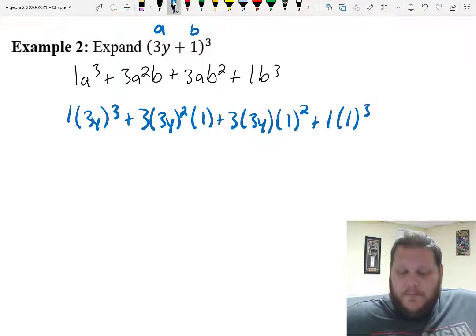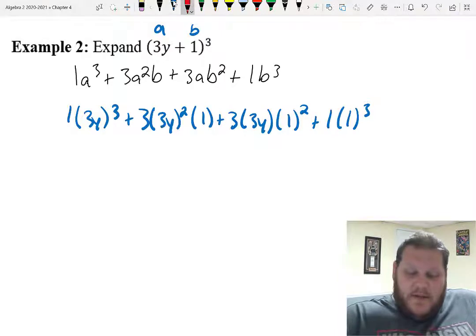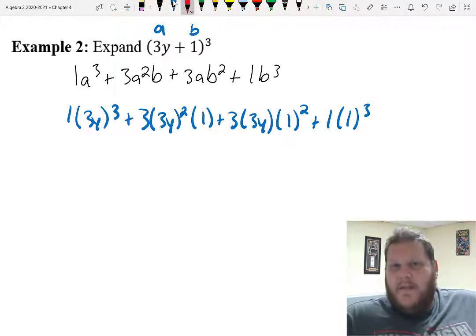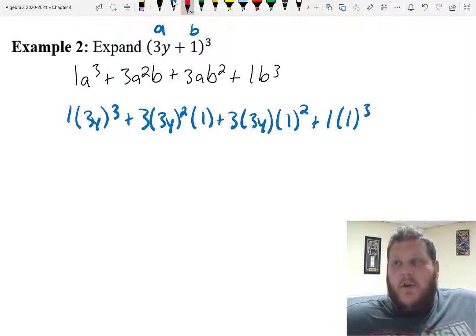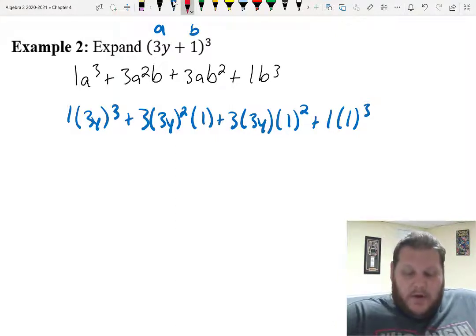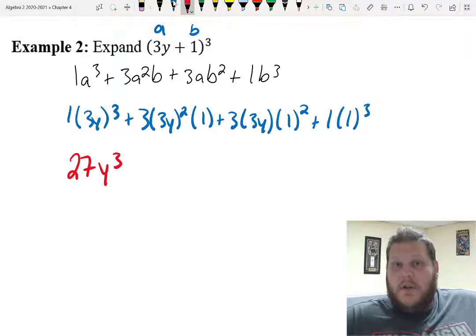Here I'm just plugging in 3y for my a value and positive 1 for my b value. Now you have to be careful with this next step, because the a value was a coefficient and a variable, so you have to apply the exponent to both of those things when simplifying. So 3y cubed is 27y cubed, because 3 cubed is 27 and y cubed is y cubed.